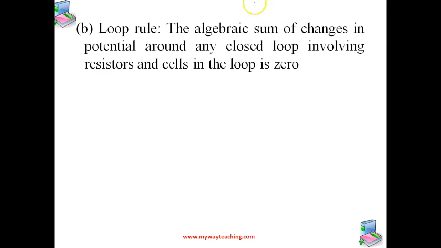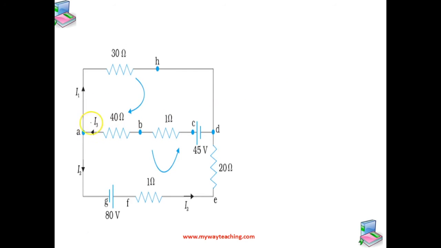Now, the second Kirchhoff's rule. The algebraic sum of changes in potential around any closed loop involving resistors and cells in the loop is 0. Okay, so if you consider these loops, as you can see, they have marked one loop here and the second loop here. So the algebraic summation of the potential around any closed loop will always be equal to 0.